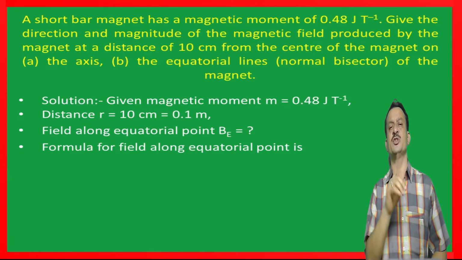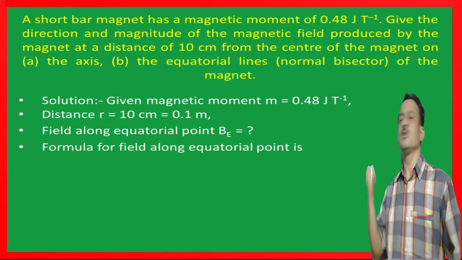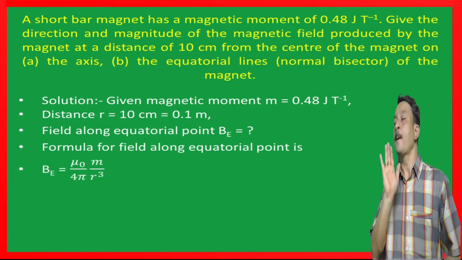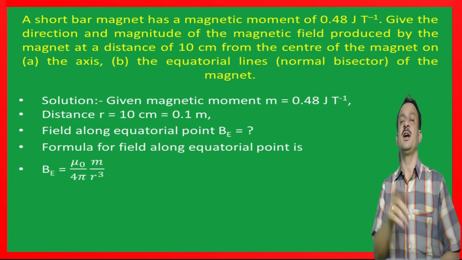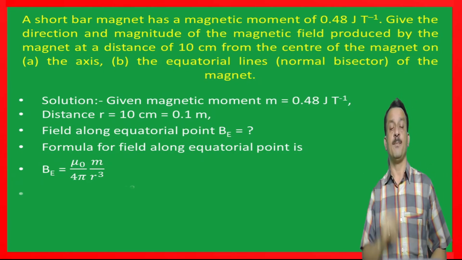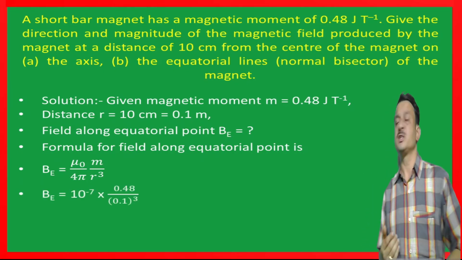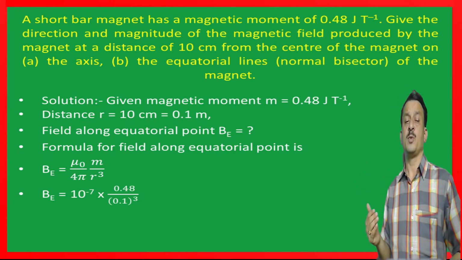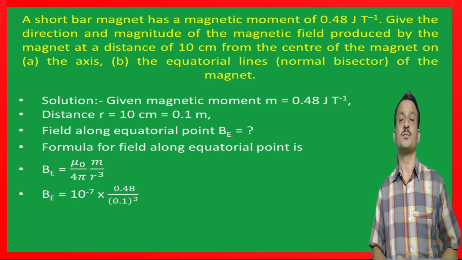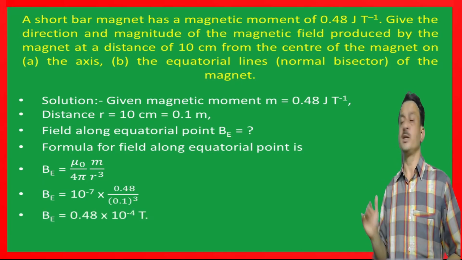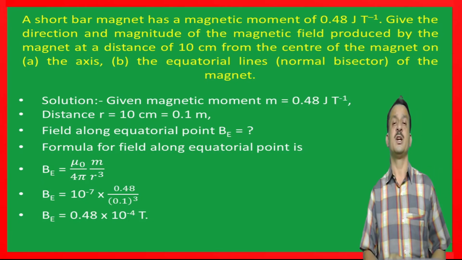Along the axial point it is 2m by r cube. Along the equatorial point it is m by r cube. We are only calculating the magnitude. We have not taken the direction. Therefore, we are omitting that negative sign in the formula. Now substitute the values, that is 10 to the power minus 7 into 0.48 divided by 0.1 whole cube. After simplification, I will get 0.48 into 10 to the power of minus 4 Tesla.